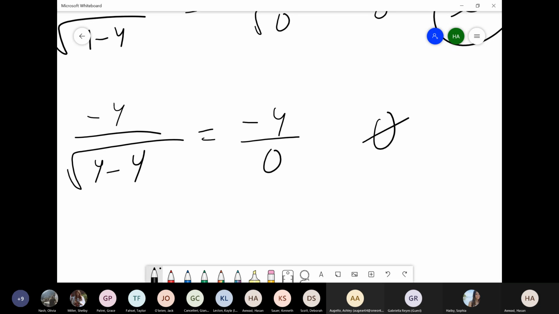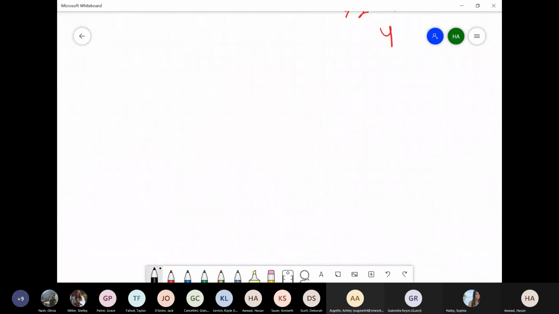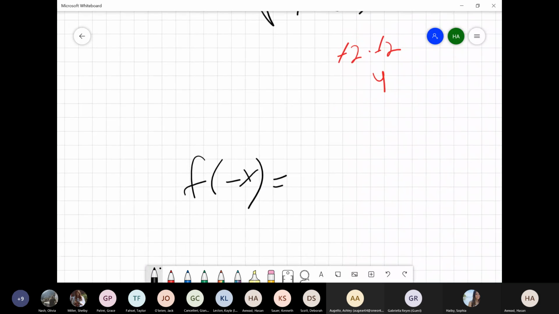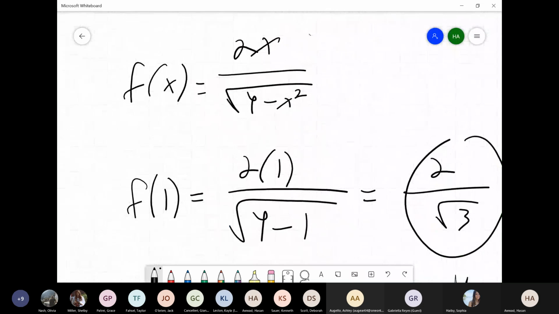So now all we have left to test is f of negative x. That's the only last check. So f of negative x. What is that going to look like? Okay. Once again, notice how when we're comparing it to the original here, we have x's, and all we're doing is plugging our input directly into the x's, right?